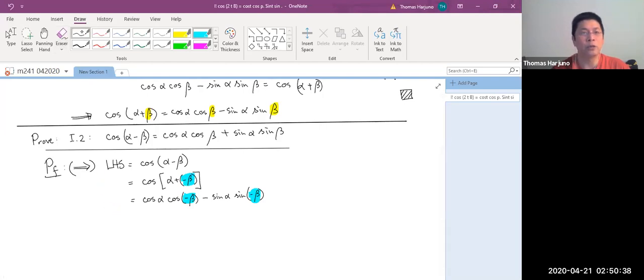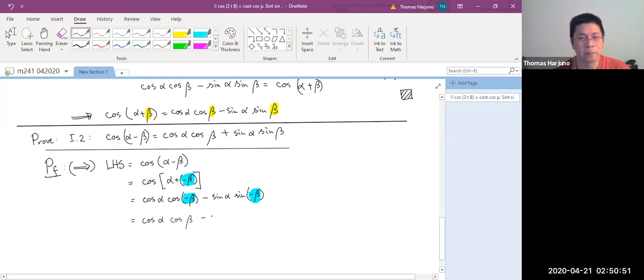But then using negative trig functions, cosine negative is cosine positive, and sine negative is negative sine positive.